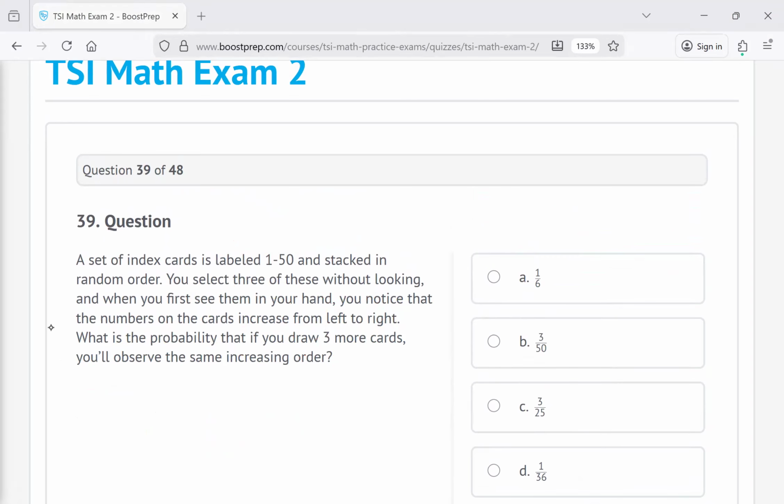Question 39. A set of index cards is labeled 1 through 50 and stacked in a random order. You select three of these without looking, and when you first see them in your hand, you notice that the numbers on the cards increase from left to right. What is the probability that if you draw three more cards, you'll draw the same increasing order?